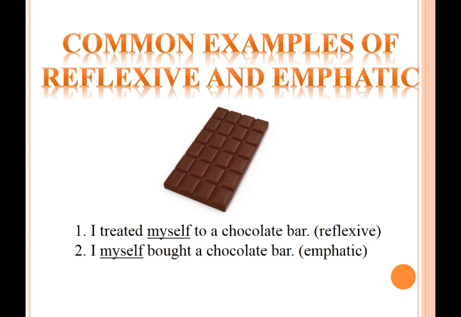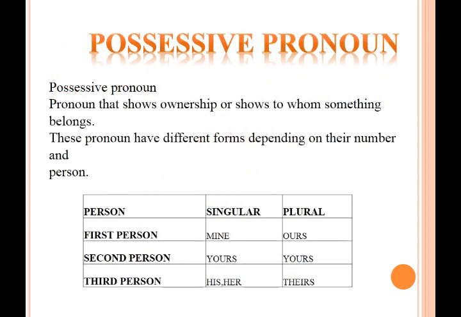Second sentence, I myself bought a chocolate bar. Here, myself is an emphatic pronoun. As you can see, if we do not use myself in the second sentence, the new sentence will be, I bought a chocolate bar. And that too is a sensible sentence. So it is an emphatic pronoun.